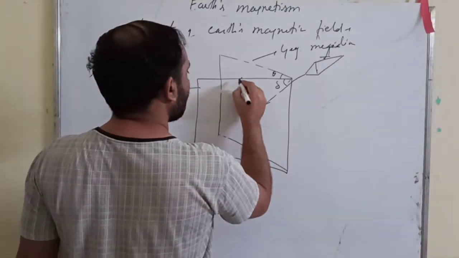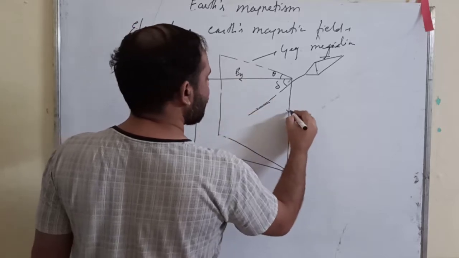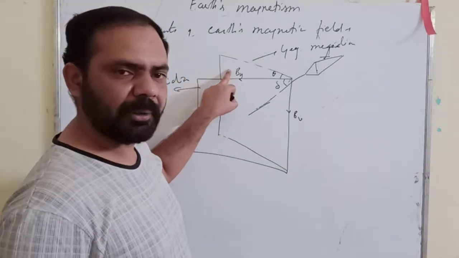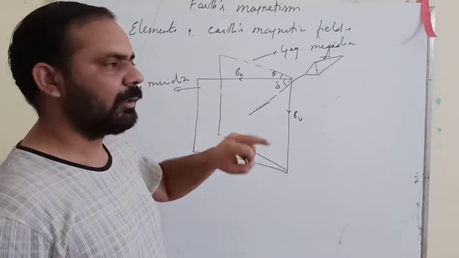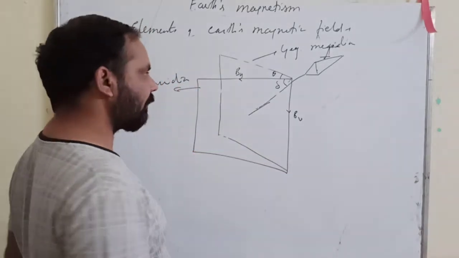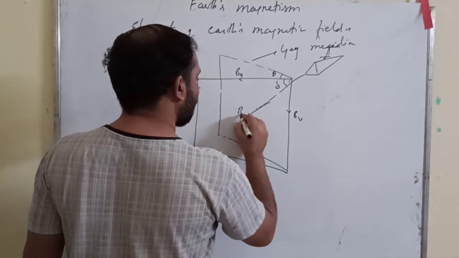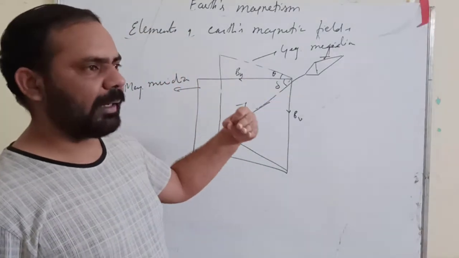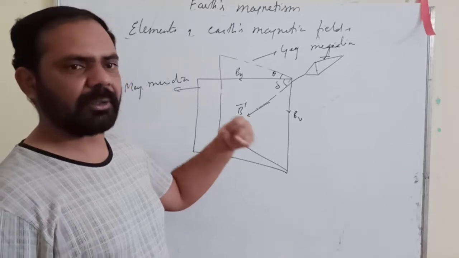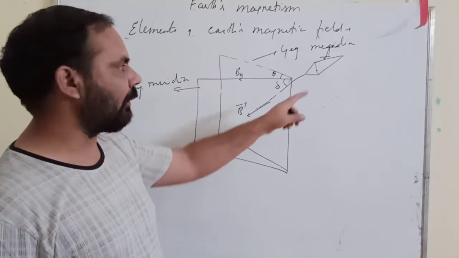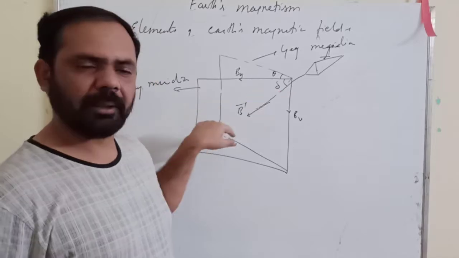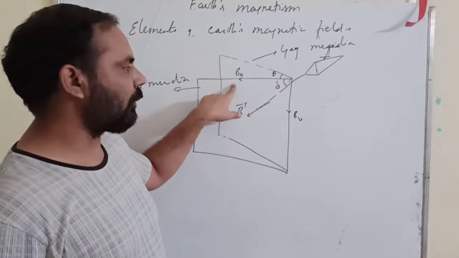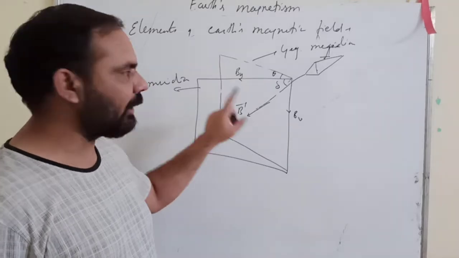This is your horizontal component BH and this is BV. This is the horizontal component of Earth's magnetic field, this is the vertical component of Earth's magnetic field, and this is your B. The magnet will align along the direction of Earth's magnetic field. So this is the direction of Earth's magnetic field, then this is the horizontal component and this is the vertical component.